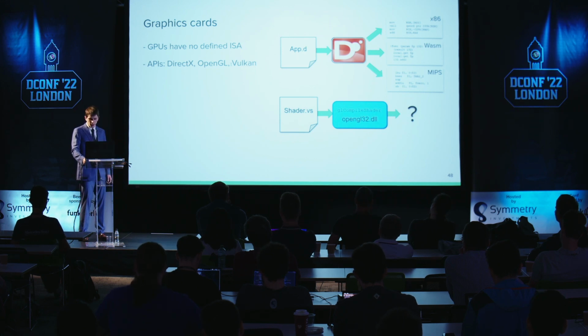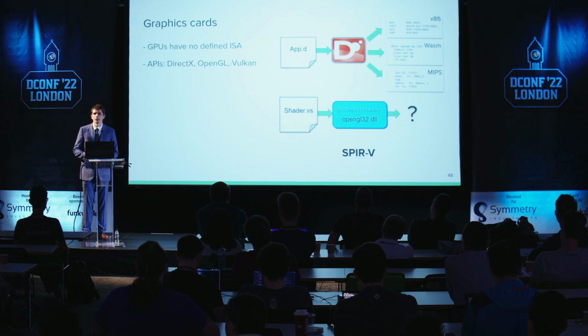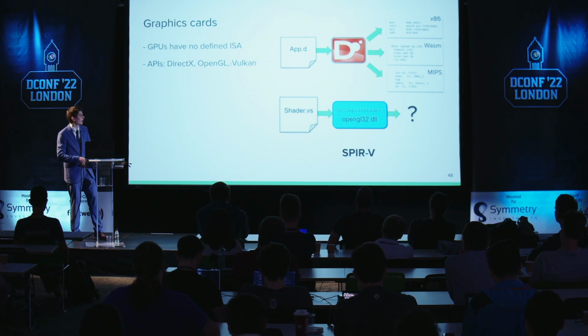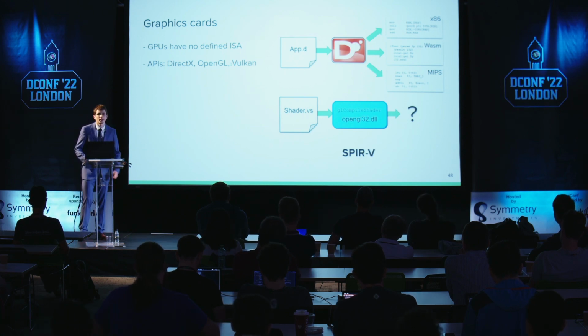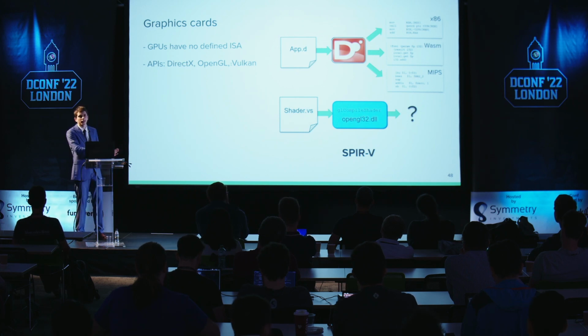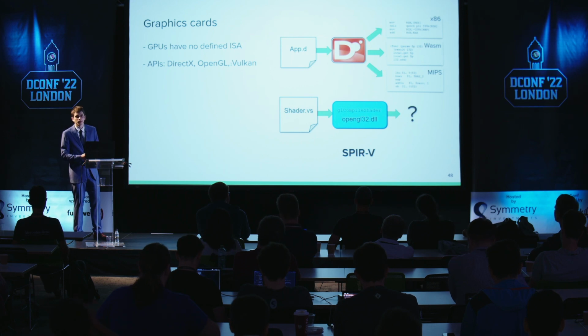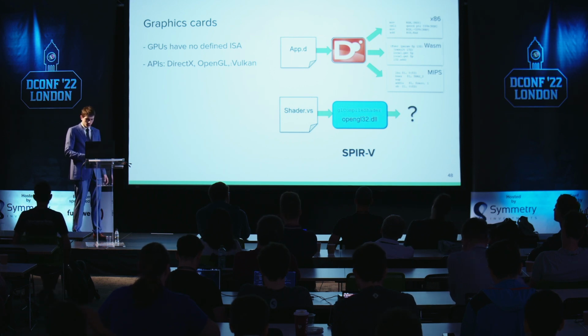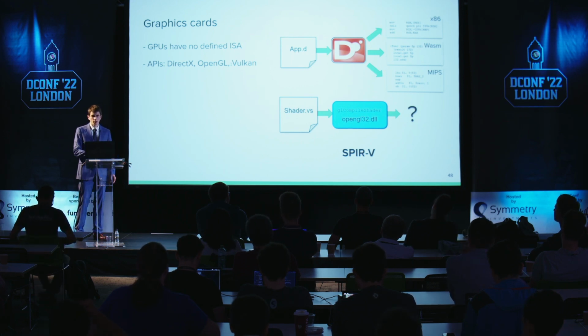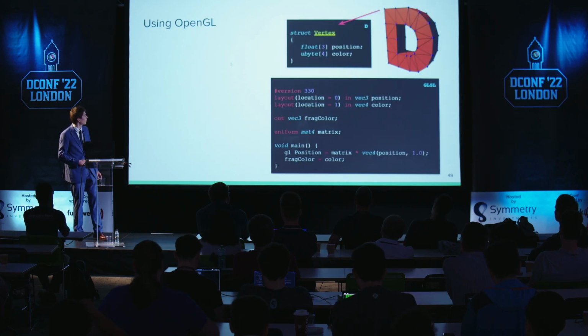They change a bit. And there is progress in having something like SPIR-V, which is kind of like WebAssembly as far as I understand it, an intermediate thing that compilers can generate, and then it's easily translated to actual GPU instructions. But so far, I stuck to OpenGL. That's what I'm familiar with.